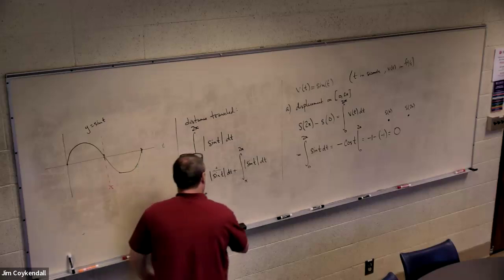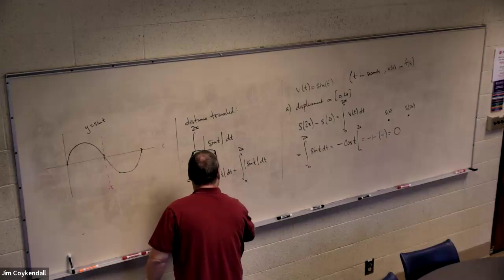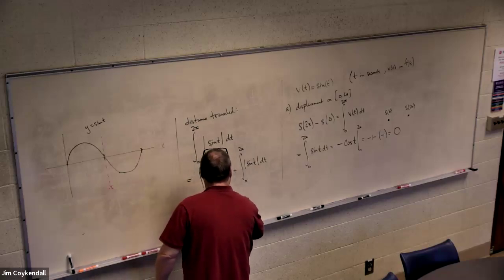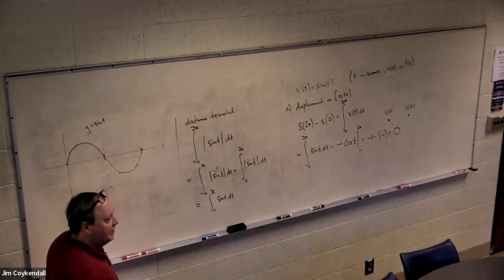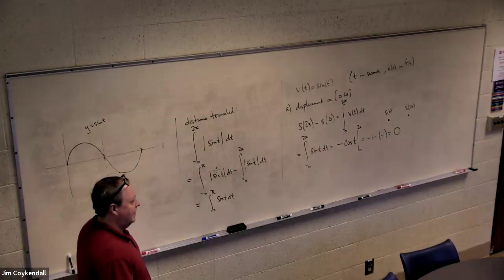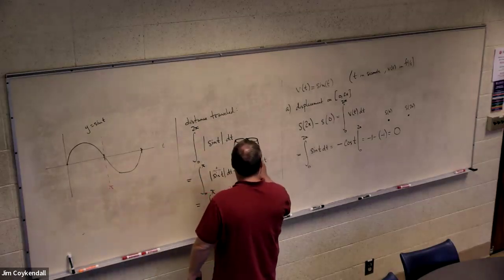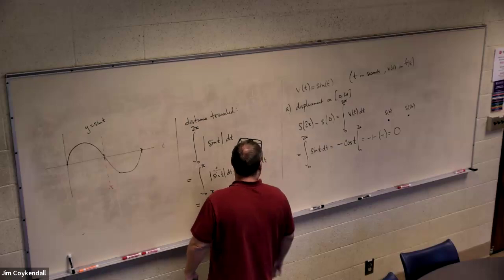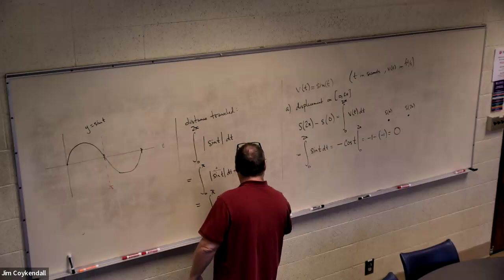You leave it alone. What about from pi to 2 pi? What can you say about sine t? It's hanging below the axis. This is negative. And how do you take the absolute value of a negative? Change the sign.